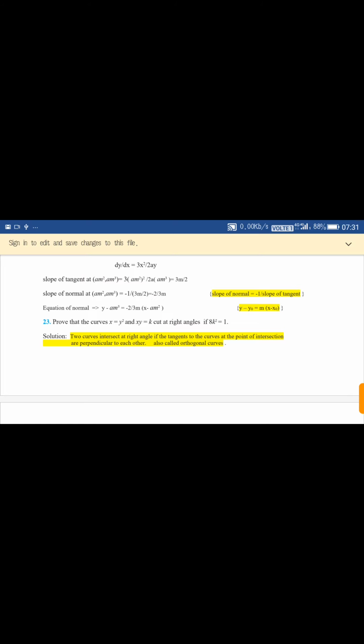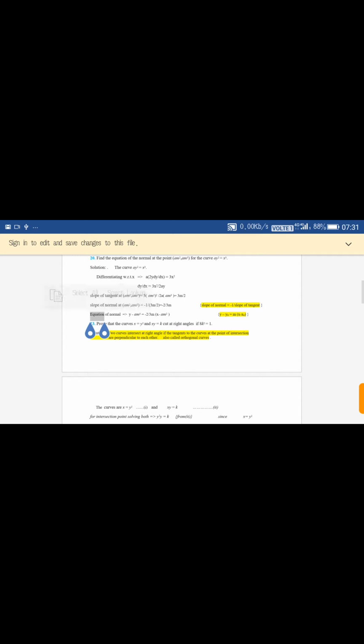After solution, the common part cancels out and you get 3m/2. So the slope of the tangent is 3m/2.